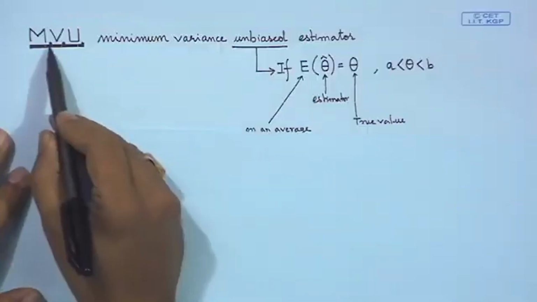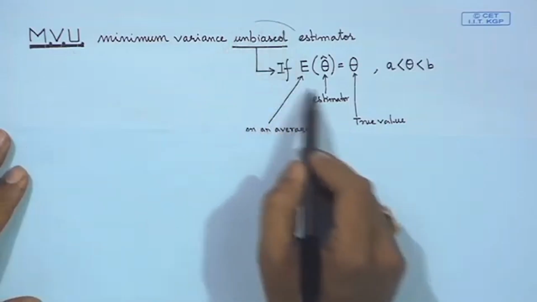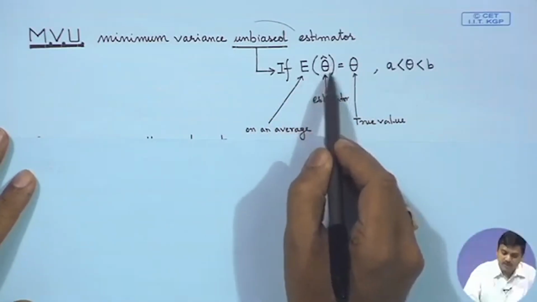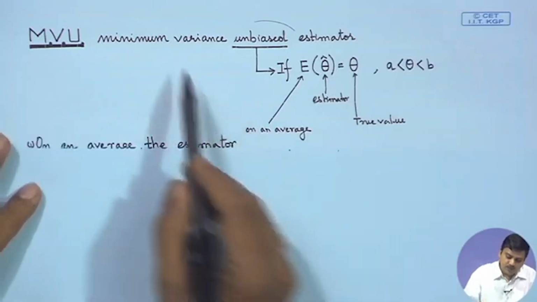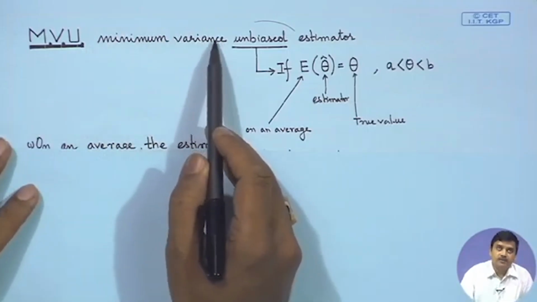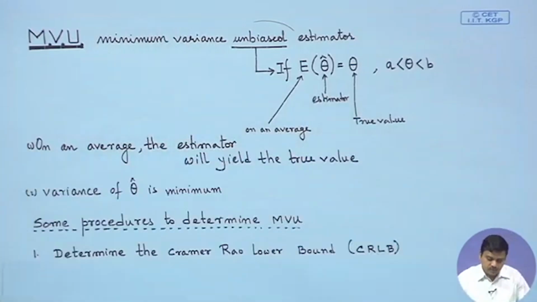And then we have the minimum variance unbiased estimator, as just stated. Unbiased means on an average the estimator or the random variable reaches the parameter to be identified, and it is minimum variance, that means no other estimator is found whose variance is lesser than that of what we have found.